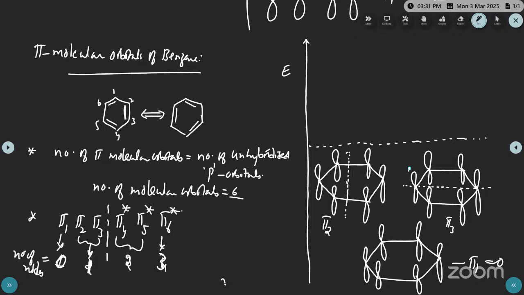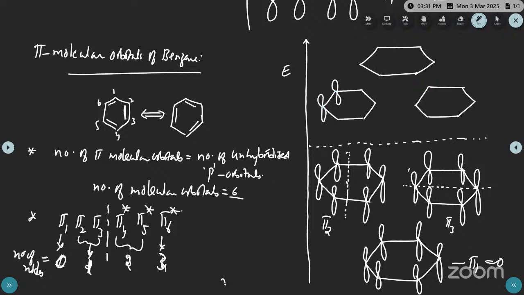And next, pi 4 and pi 5, and finally pi 6. For pi star 4, how many nodes are there? This is pi star 4 and this is pi star 5. How many nodes should be maintained? 2 nodes.